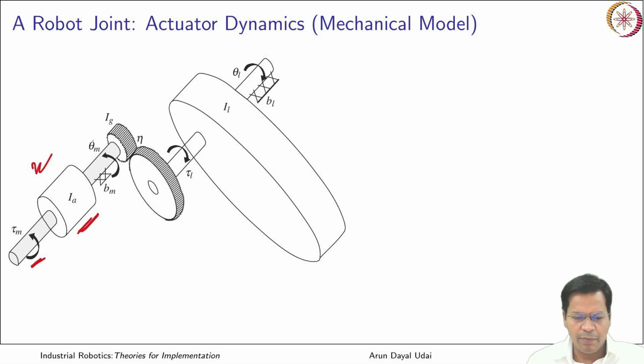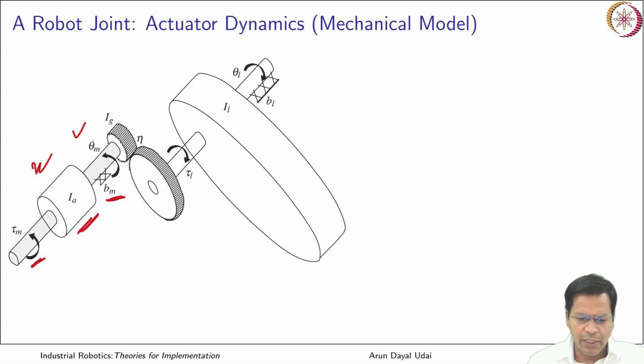And you have theta m, that is the joint angle at an instant of time. You have bearings that go here, here, here, here. Altogether, let us say you have a bearing constant, that is basically the damping coefficient, given by Bm.